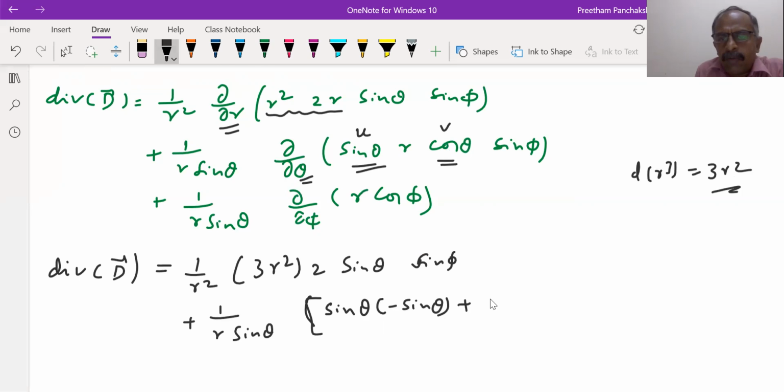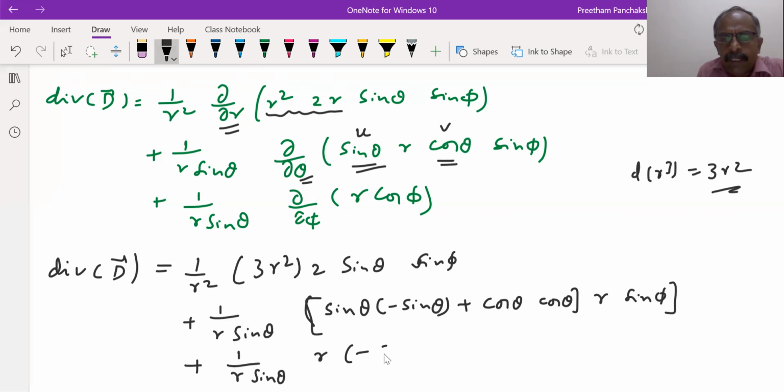Plus, now keep cos theta as it is, then differentiate sin theta. Differentiation of sin theta is cos theta. The constants r into sin phi will be present as they are. Finally, 1 by r sin theta, now differentiate with respect to phi. So r is constant. Differentiation of cos phi is minus sin phi.